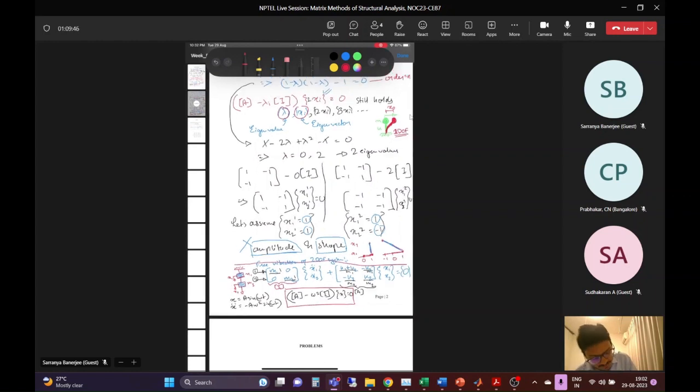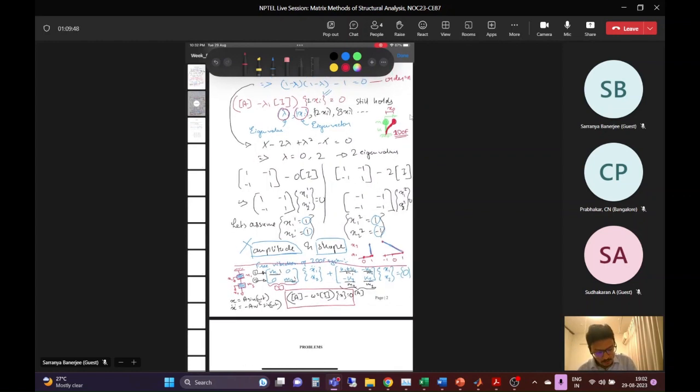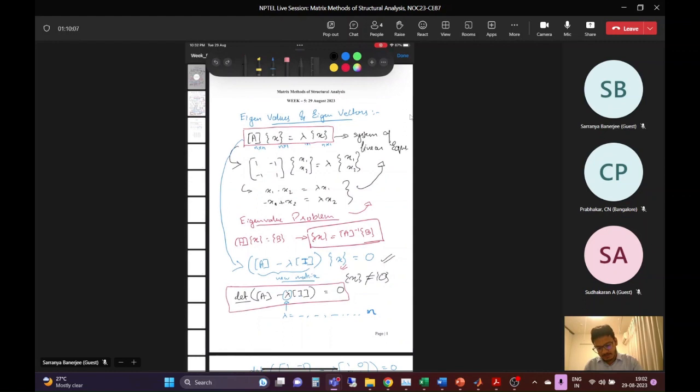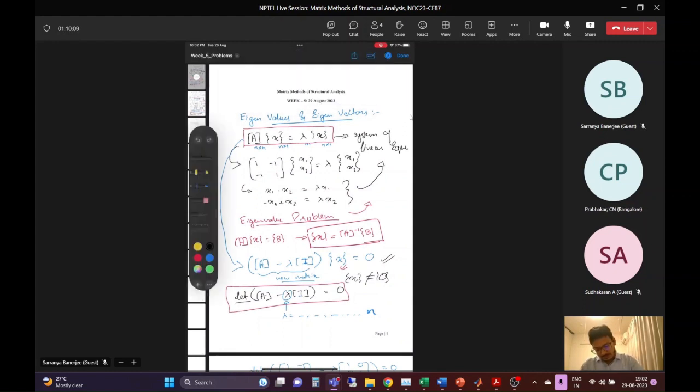If it is a multi-story building or a multi-degree of freedom structure, there will be a first frequency, second frequency, third frequency, like this. And for each frequency there will be a different mode shape.